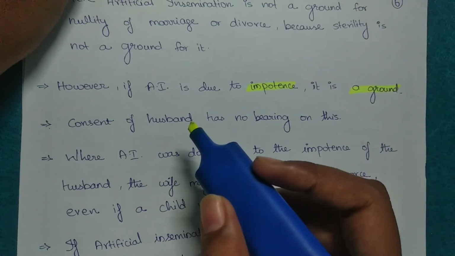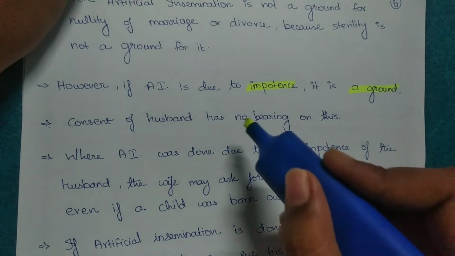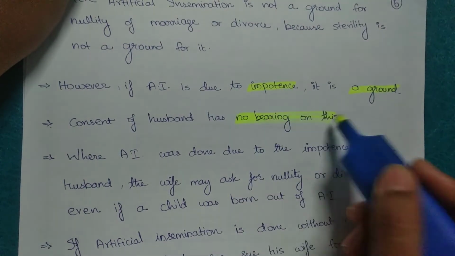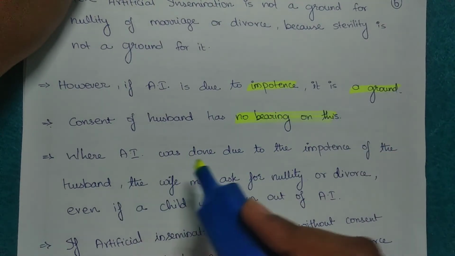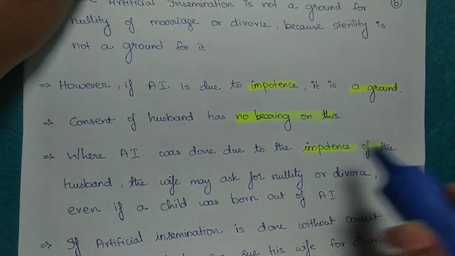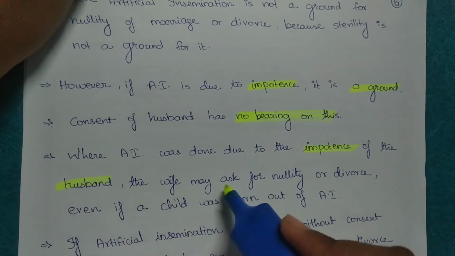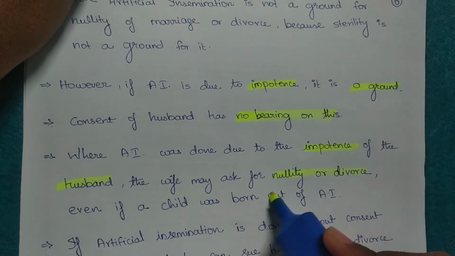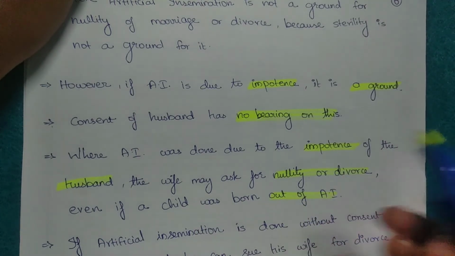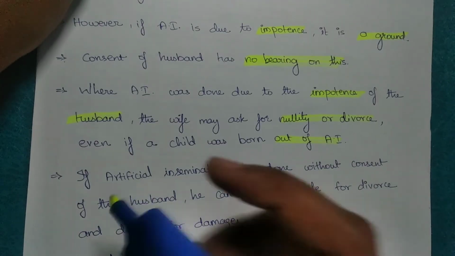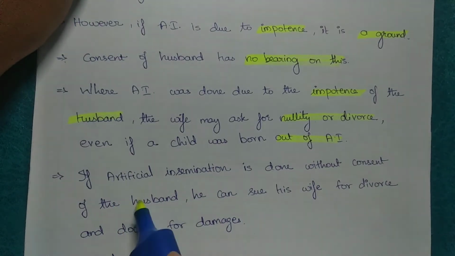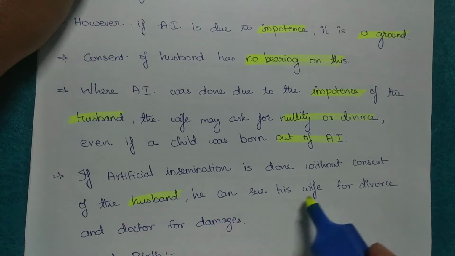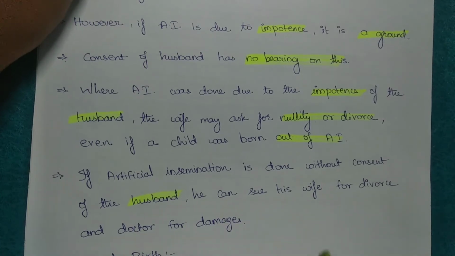Consent of the husband in case of nullity of marriage has no bearing in this. When artificial insemination was done due to impotence of the husband, the wife may ask for nullity or divorce even if a child was born out of this artificial insemination donor. And if artificial insemination is done without the consent of the husband, he can sue his wife for divorce and doctors for damages.